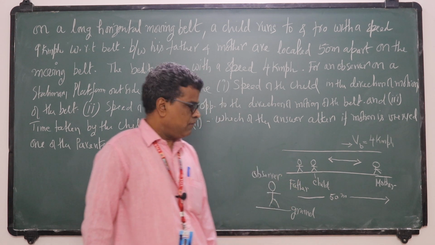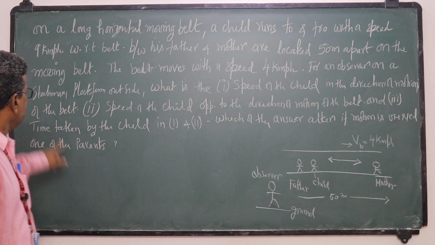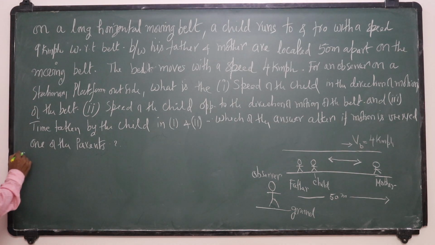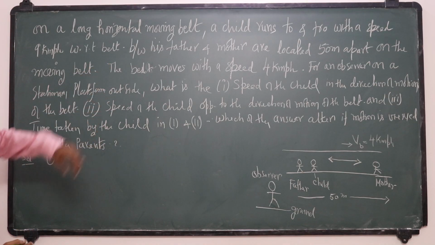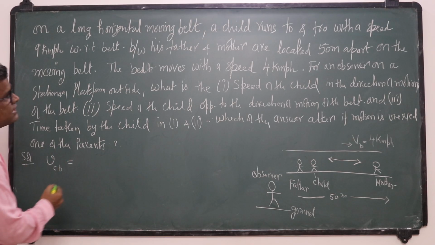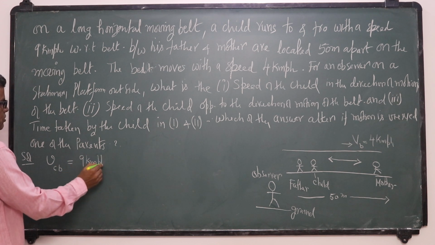Clear? Now, we want the speed of the child in the direction of motion of the belt. Solution. Speed of the child with respect to belt, let it be VCB, is given as 9 kmph.